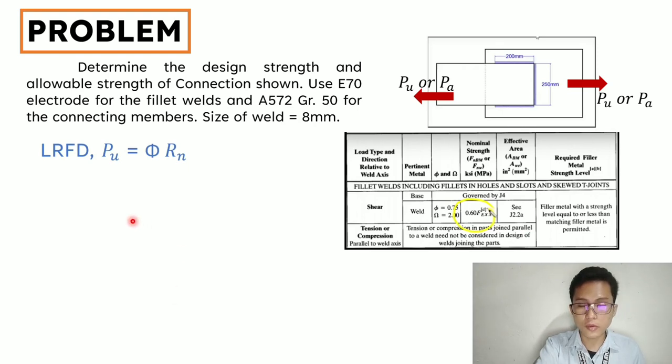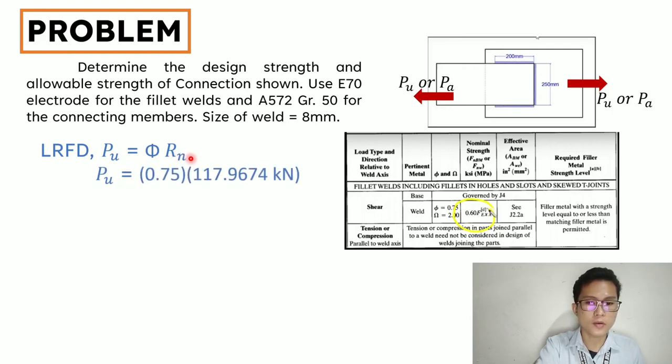And now we will be solving the P sub U, which is equal to phi multiplied by R sub N. This is for LRFD. We will have 0.75 multiplied by 1171.9674 kilonewtons.